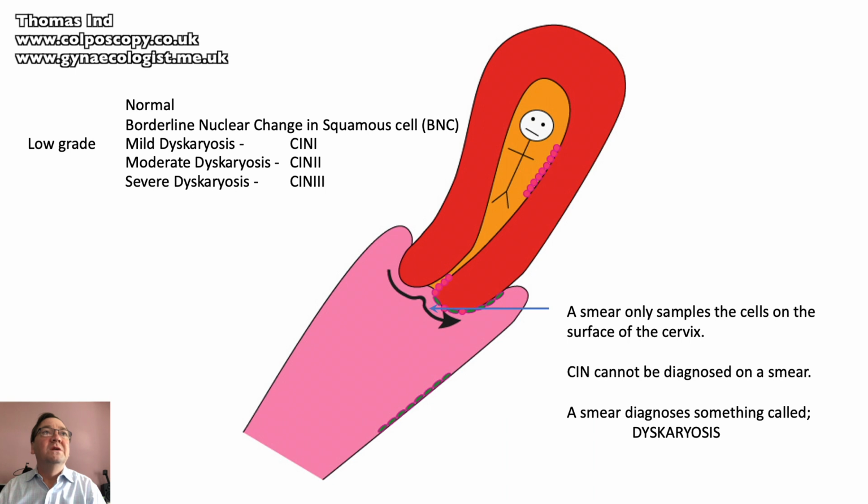And we often call mild dyskaryosis low grade and moderate and severe dyskaryosis high grade. However, you've got to understand that a smear is probably about 60% accurate, which is why when you have an abnormal HPV, you then get cytology. If your cytology is abnormal, you get referred to colposcopy.